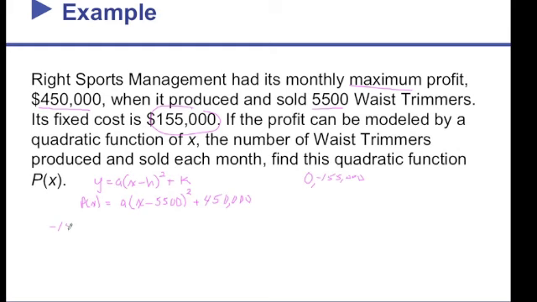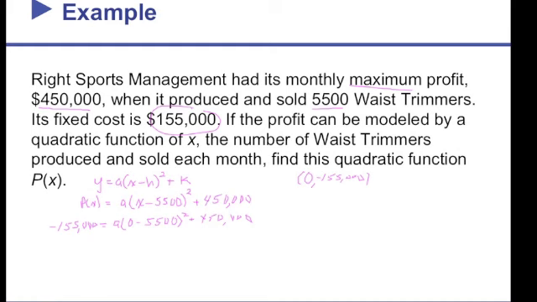So negative 155,000 equals my a times, remember we were selling 0 items here, so 0 minus 5,500 squared plus the 450,000.